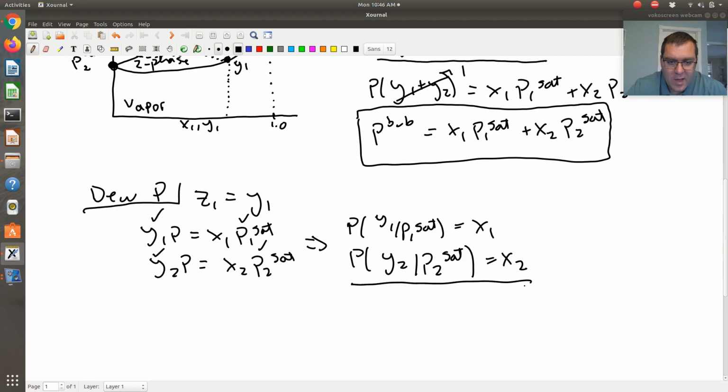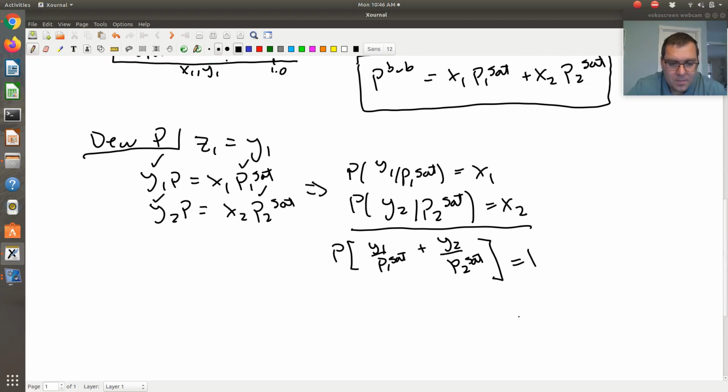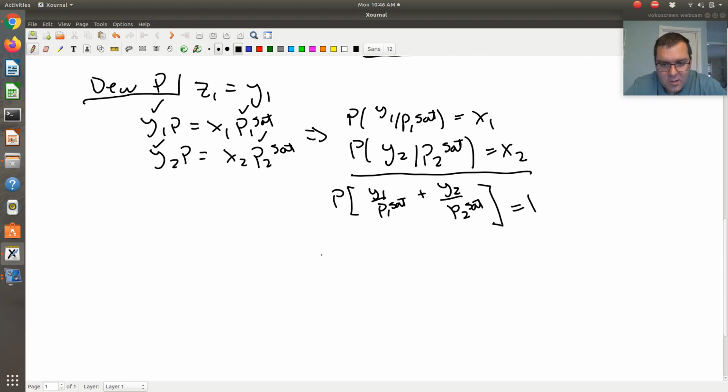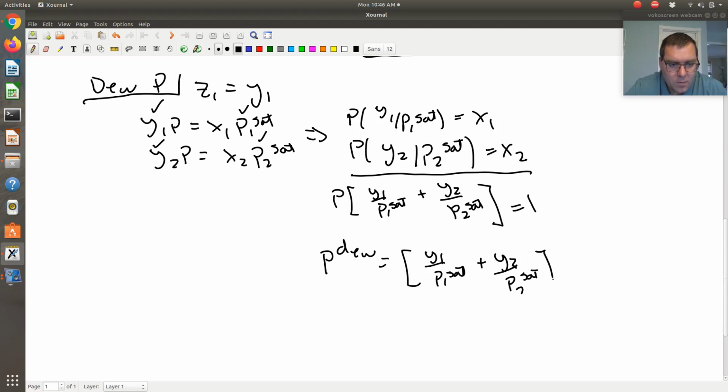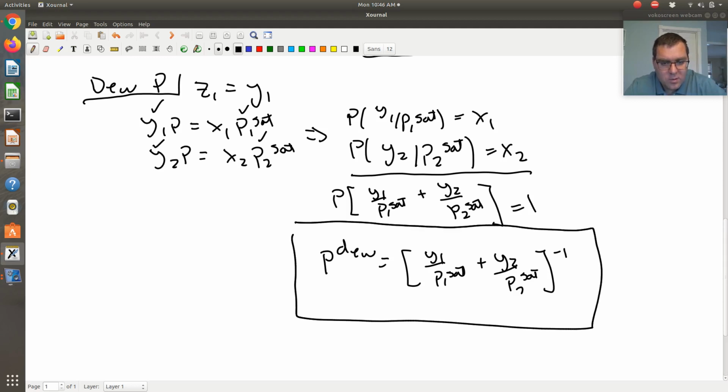Okay, so now if I add them together, I get P times Y1 over P1 sat plus Y2 over P2 sat, and that's going to be equal to 1. And so if I wanted to isolate P, this would be P dew, which would be Y1 over P1 sat plus Y2 over P2 sat, inverse. Where Y1 is just equal to Z1.